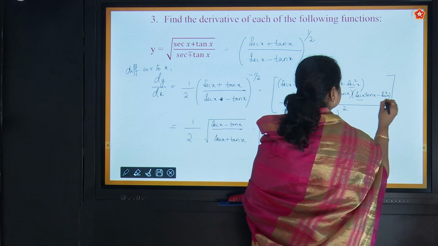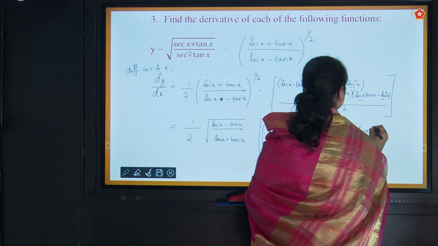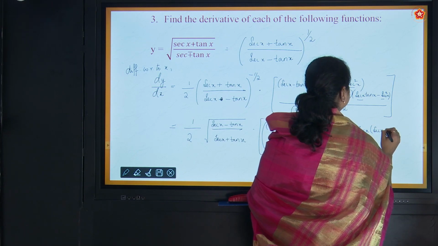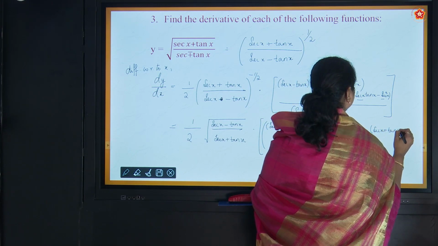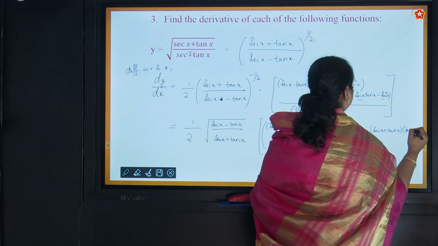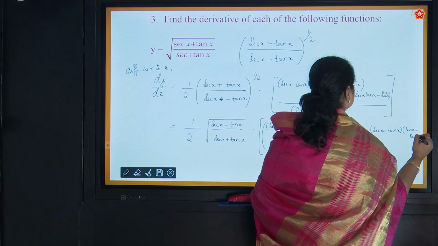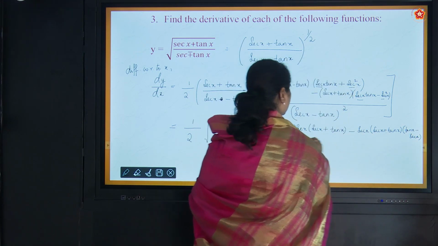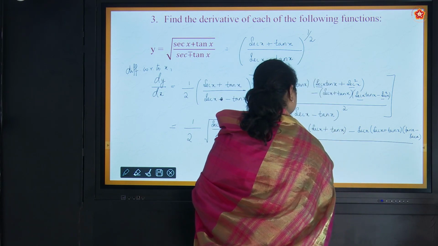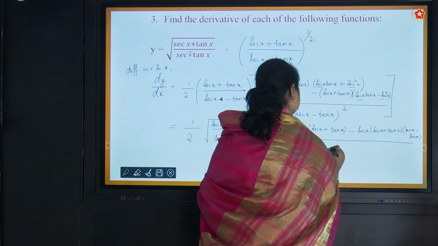Minus, again here secant x common is taken out, so you have secant x plus tan x into tan x minus secant x, the whole divided by secant x minus tan x the whole square.